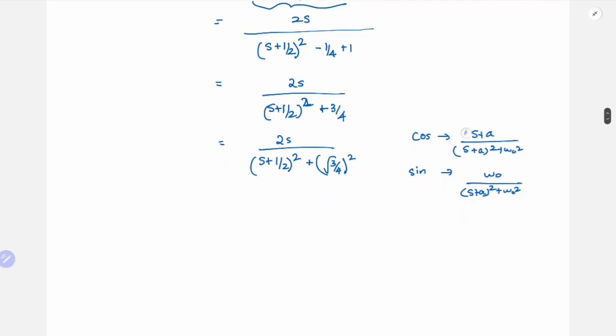This coefficient I needn't bother about, because I can always multiply by some term and multiply here, right? But I need to bring it to this form, s plus a and some constant term. How do I do that? Here it is s plus half. So first I will take this constant term outside and I will add and subtract minus half.